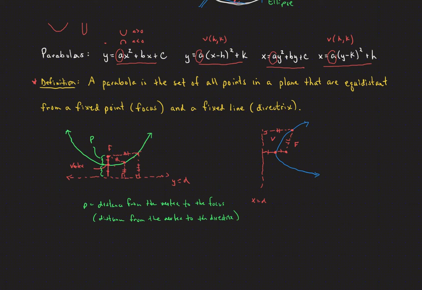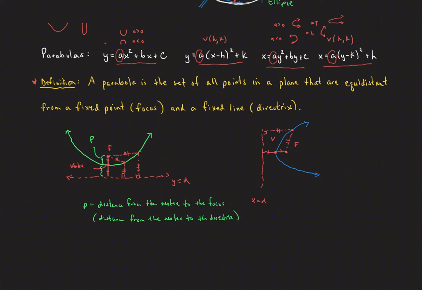Similarly, for an x equals y squared parabola, a positive value for a means the parabola is going to open to the right, and a negative value for a means the parabola will open to the left. And as before, a larger value of a will make a skinnier parabola, and a smaller value of a will make a wider, flatter parabola. So a completely determines the shape of the parabola.